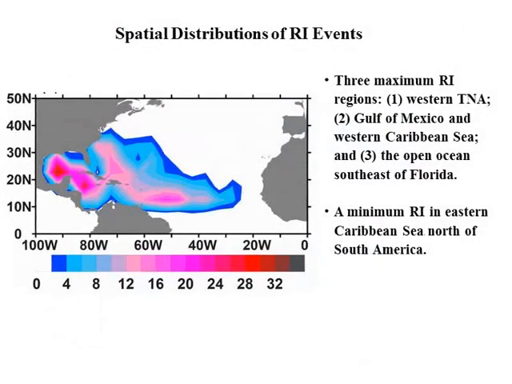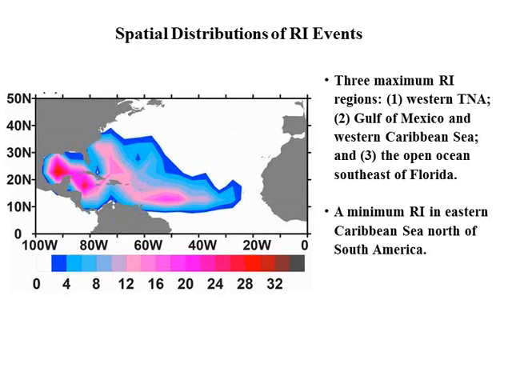Next, we take a look at the spatial distribution of I. For this we use the last 60 years of data to make this plot. What this figure tells us is that there are three regions of maximum I. One is over the western tropical North Atlantic region. Another region is over the Gulf of Mexico and the western Caribbean Sea.